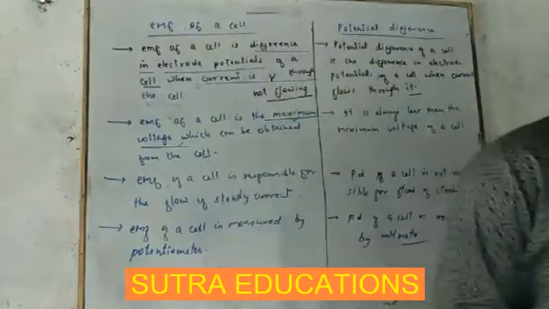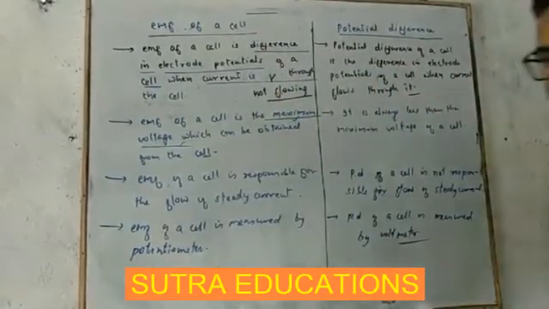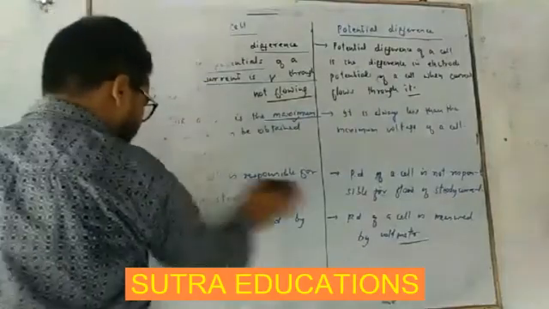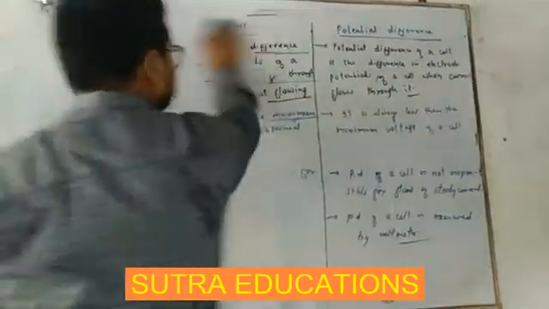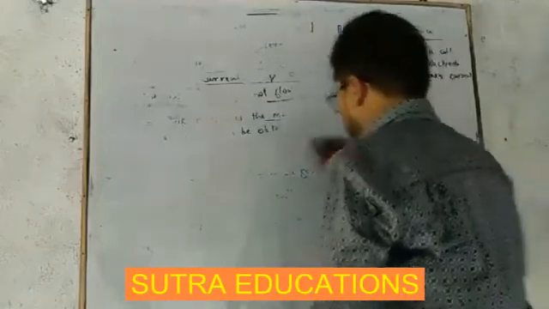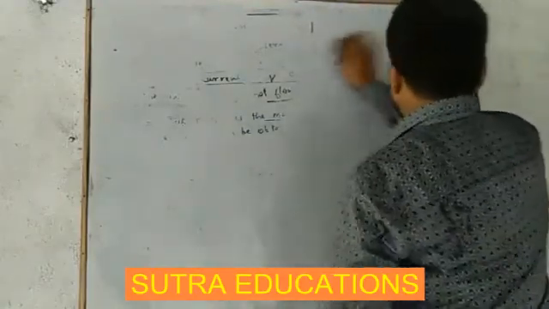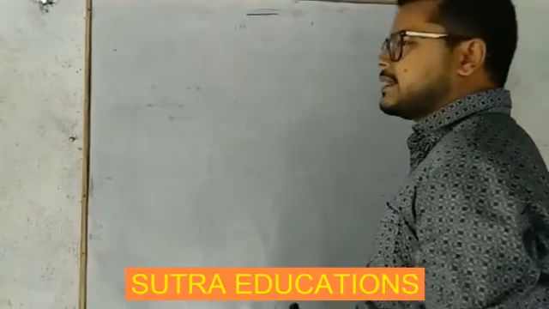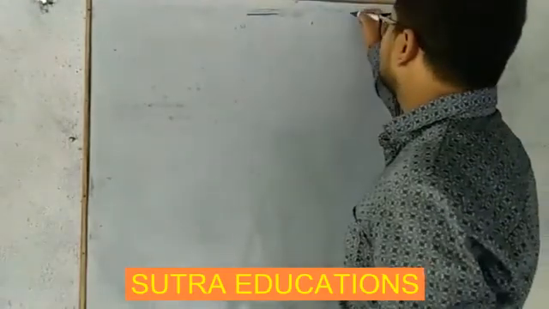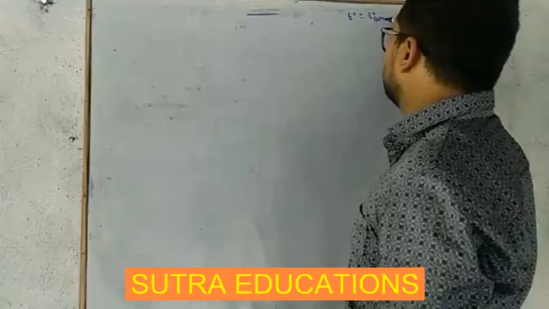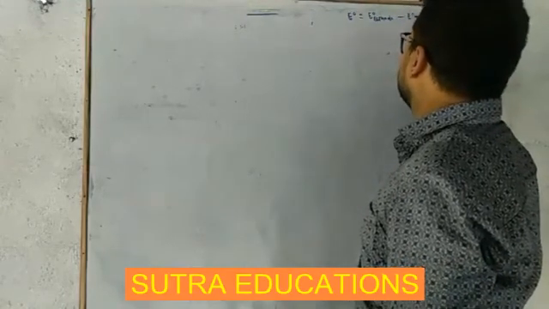The formula I have told you: standard EMF of a cell, E naught, is equal to E naught cathode minus E naught anode.